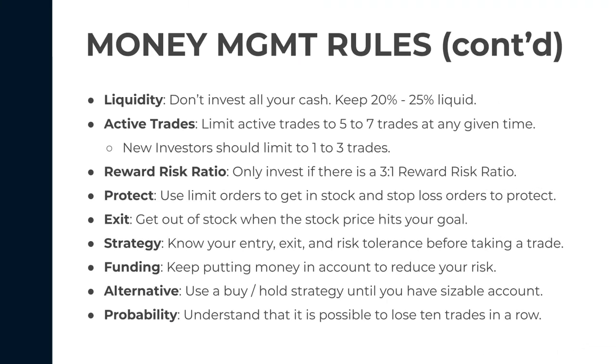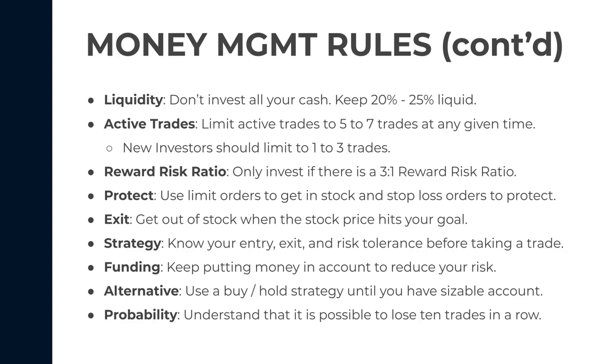Money management rules continue. Liquidity. Do not invest all your cash. Keep 20 to 25% of your cash liquid. Active trades. Limit active trades to 5 to 7 trades at any given time. New investors should limit their trades to 1 to 3.